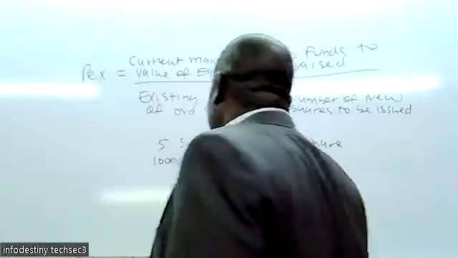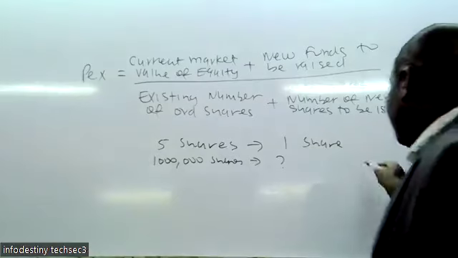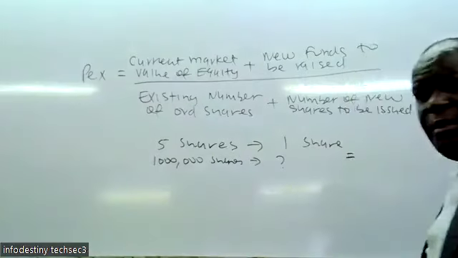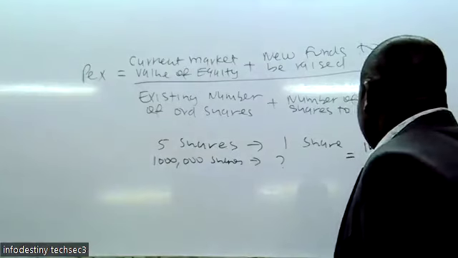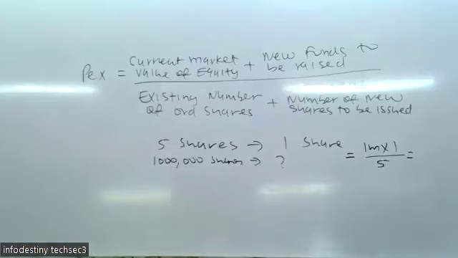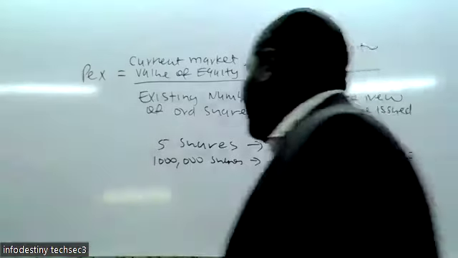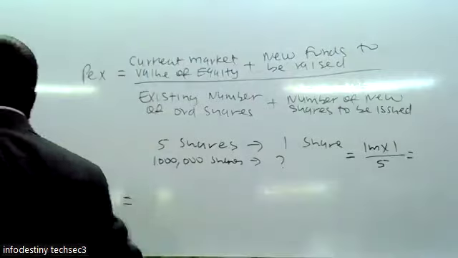So how many new shares were to be issued? You simply take 1 million multiplied by 1 divided by 5. So that we should now get the theoretical X-right price.